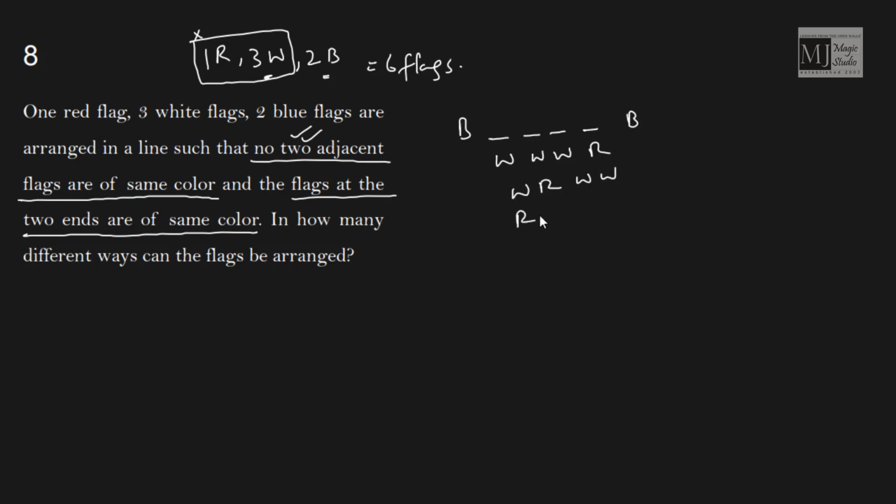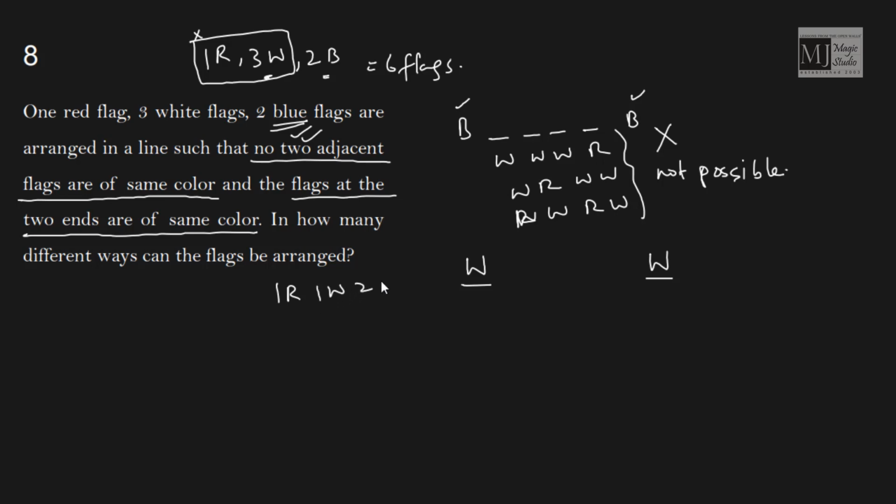If I put W, R, W, W or W, W, R, W, anyway if I try to arrange, it's not possible for me to have no two same color flags adjacent to each other. That means the beginning and end cannot be blue flags. Not possible. That means we should have white color flags at the two ends.